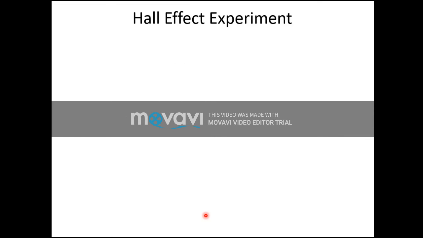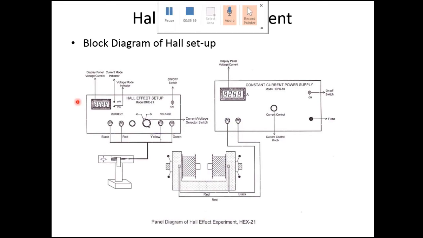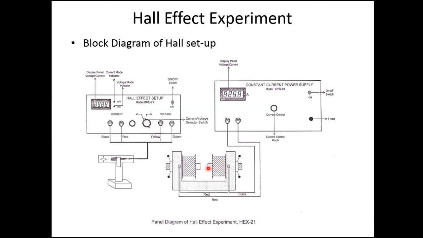Now let us try to understand the Hall effect experiment which our students do in the laboratory. So you can see block diagram over here. So in this block diagram you can see there are two poles here. These are small poles, but the real thing is inside, because we are having the electromagnetic kind of system.